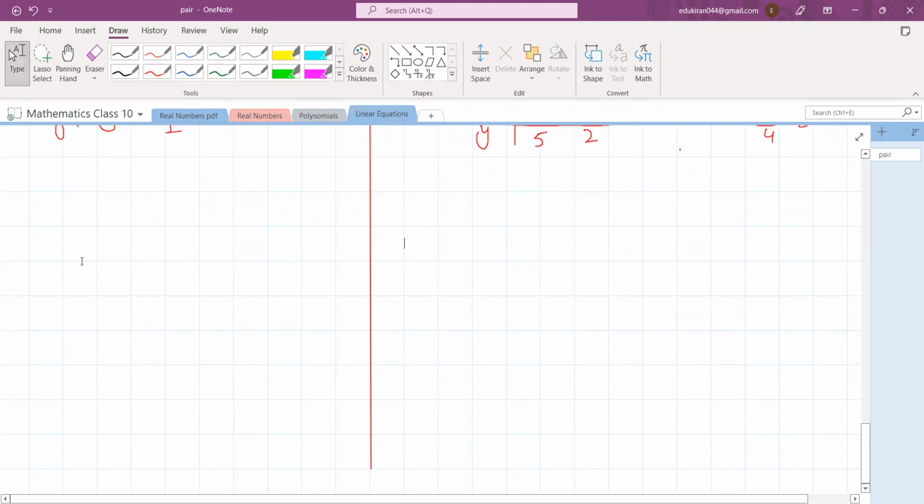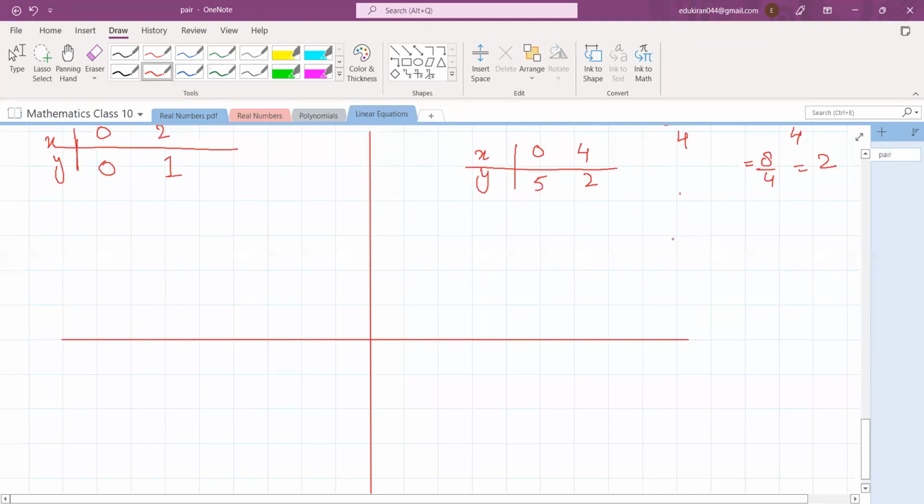Anything you can do as you feel convenient, you can do it in a graph copy also. Like in the examination, when the question will come, you will require a separate graph paper to attempt this, right? And then obviously you're going to staple it with your answer sheet. Clear? Okay.